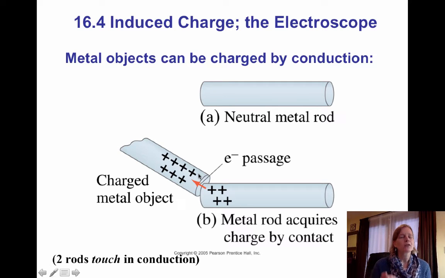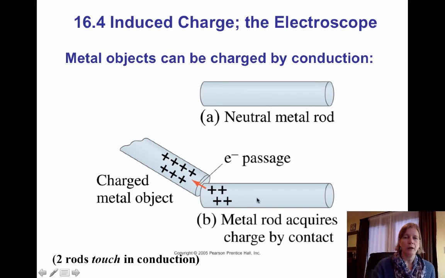And so what happens? It's just like that example of the two metal spheres where one was neutral and the other had a charge. This one was neutral, this one has a charge. Charge flows. In this case, electrons are going to move from the neutral rod and neutralize some of the excess positive charge here, and you'll get two positively charged objects.